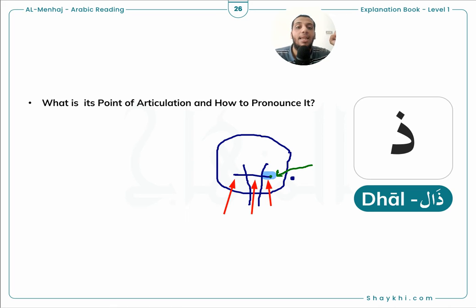Here is also a common mistake: you have to pronounce letter Tha, letter Dhal, and letter Dha by sticking the tip of the tongue out. As we said in the episode of letter Tha, saying you have to pronounce this letter by sticking the tongue out is not an accurate saying.